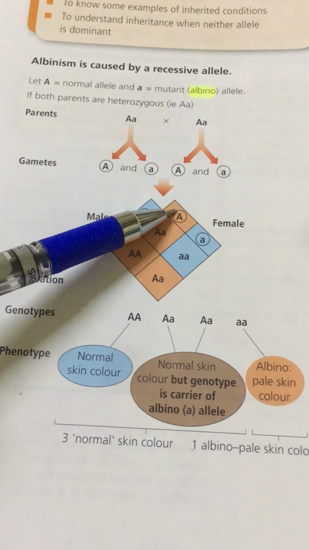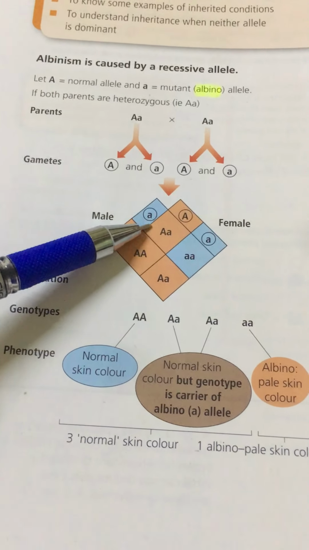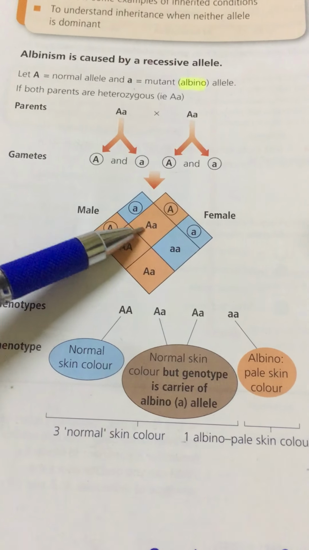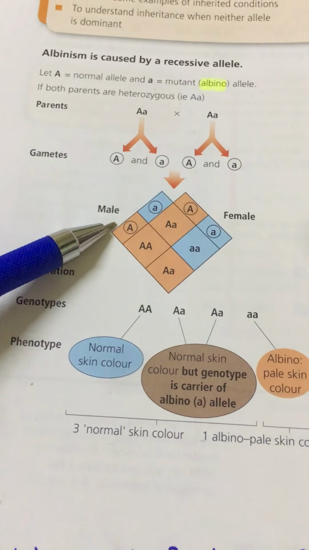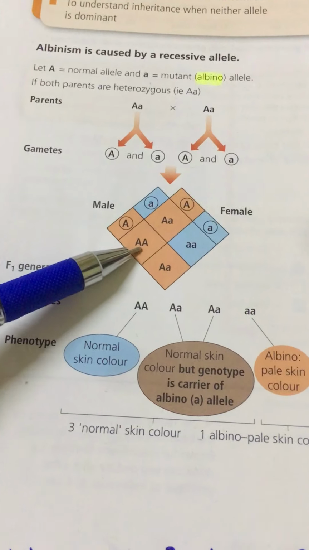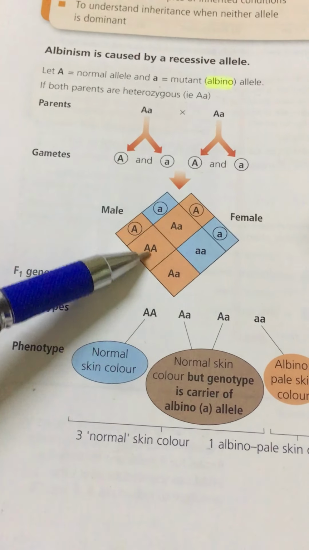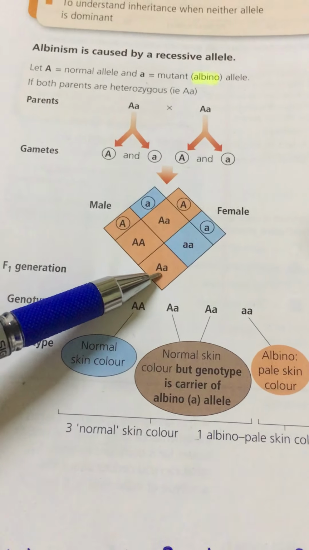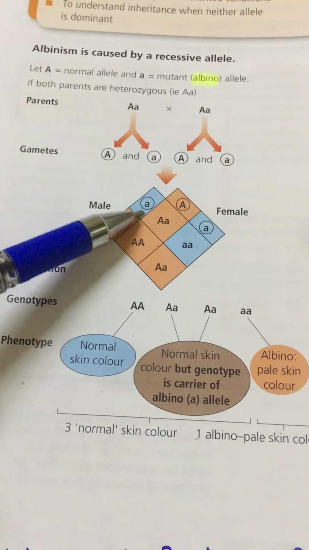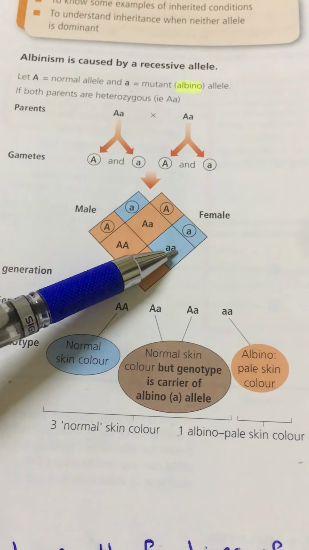During the crosses, A capital with A capital gives the first offspring, A capital with A small the second, A small with A capital the third, and A small with A small the fourth.